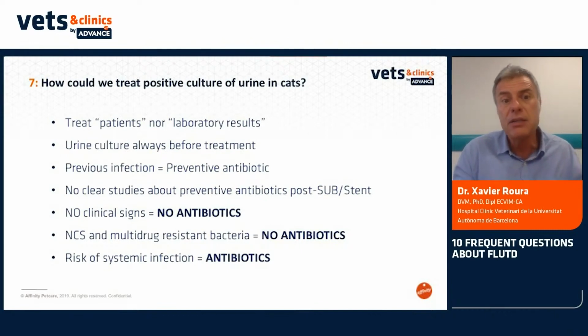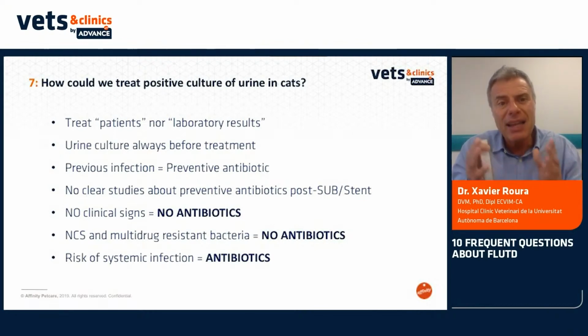However, on the other hand, if we have a surgery to put in a stent or a subcutaneous urethral bypass, and this kind of cat has no infection, it is not at this time clear if we can use antibiotic as a prevention of the potential infections that could appear later. If this infection appears later, we will talk about this. We don't use antibiotic as a prevention to put a urethral stent or other kinds of devices in the urinary tract.